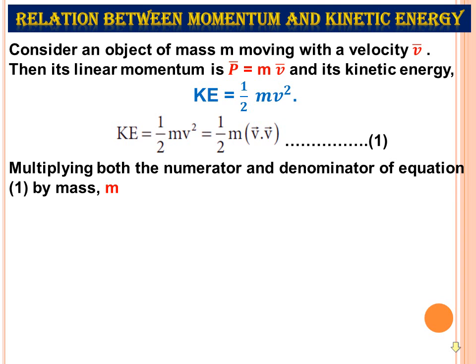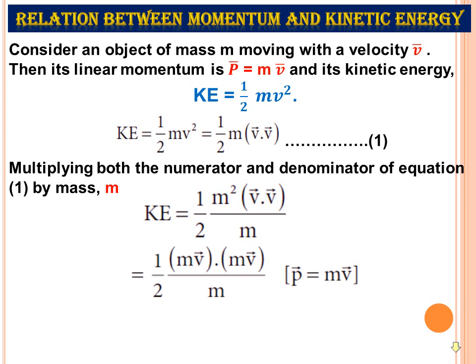Multiplying both the numerator and denominator of equation 1 by mass m, we get KE is equal to 1/2 m² v vector dot v vector divided by m, and you can split it into 1/2 (m v vector) dot (m v vector) divided by m.